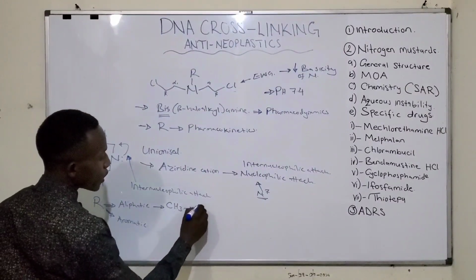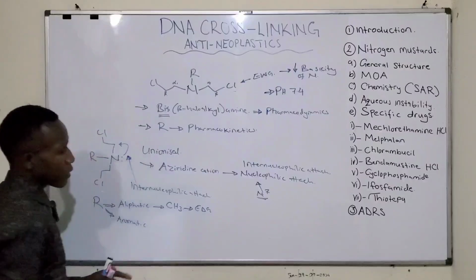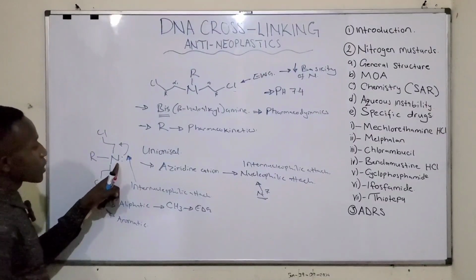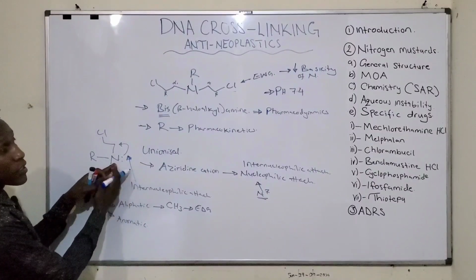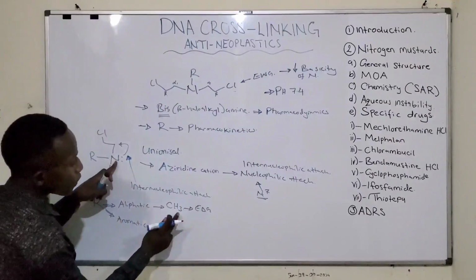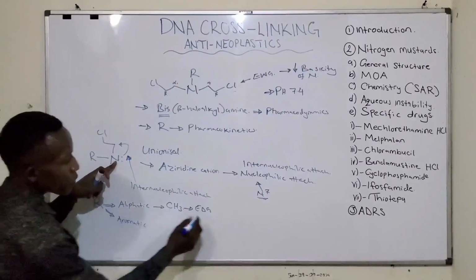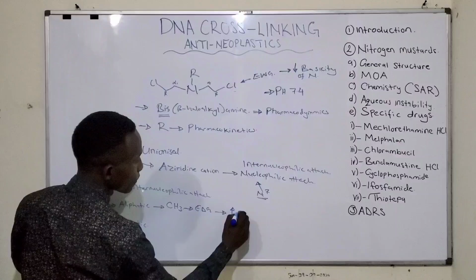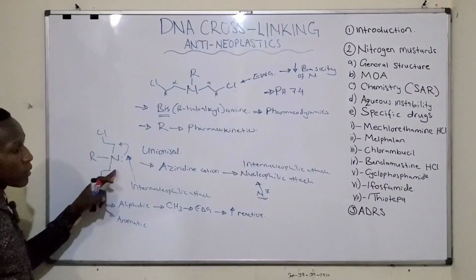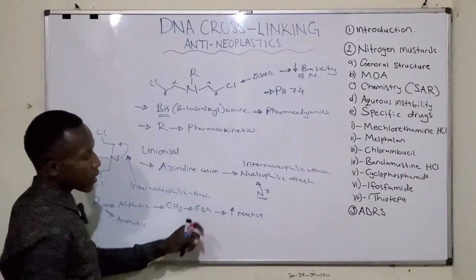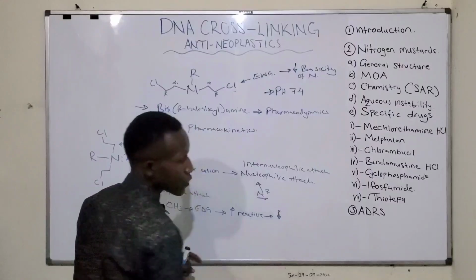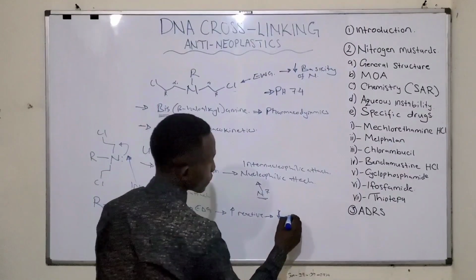This group is an electron donating group, meaning that it will push the electrons towards the nitrogen, increasing the basicity or the nucleophilicity of the N, meaning that this drug having the aliphatic group will be highly reactive. For example, mechlorethamine. Increasing the reactivity reduces the oral use of this drug.